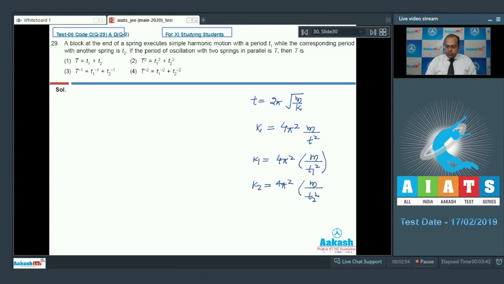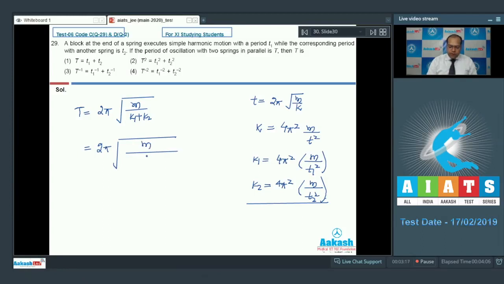divided by T2 square. Now, when the springs are connected in parallel, the time period capital T can be written as 2 pi under root m by k, where k is k1 plus k2. So if I find out the value of k1 plus k2 from here and substitute here, so this is equal to 2 pi into under root m divided by k1 plus k2, which can be written as 4 pi square into m into 1 by t1 square plus 1 by t2 square.